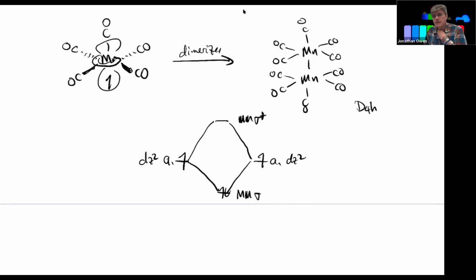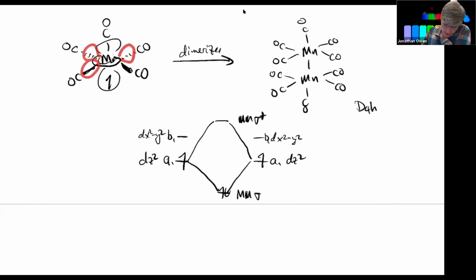Now, it's not the only bond you make, actually, because you also have an x squared minus y squared up here. And these happen to be B1 symmetry. Where are the x squared minus y squareds?